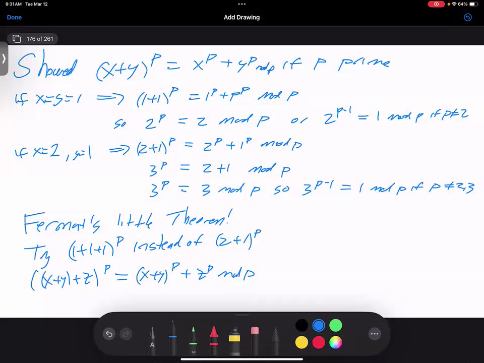Why is that true? Instead of using x plus y, I could use a, b, and c, and then x would be a plus b, and y would be z. But then what do we know about x plus y to the p? It's x to the p plus y to the p plus z to the p mod p. So if we wanted to, how could we write n? And instead of doing this 2 plus 1, 3 plus 1, 4 plus 1, 5 plus 1, what could we do?